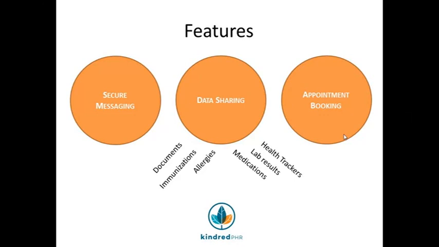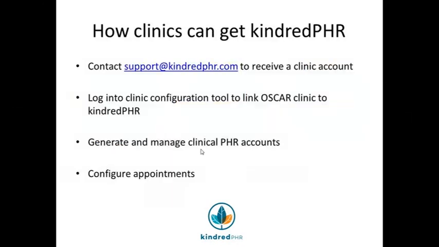How clinics can get Kindred PHR. Currently, the process is that the clinic would receive what we're calling a clinic account, and then they would also receive a URL in which they would be able to enter the clinic account username and password, which would then walk them through connecting this clinic tool into their OSCAR system to be able to do 2 things.